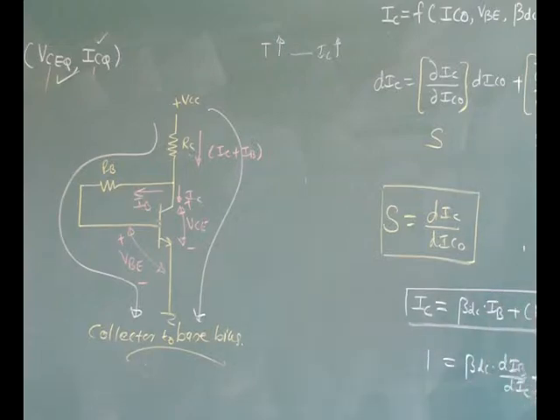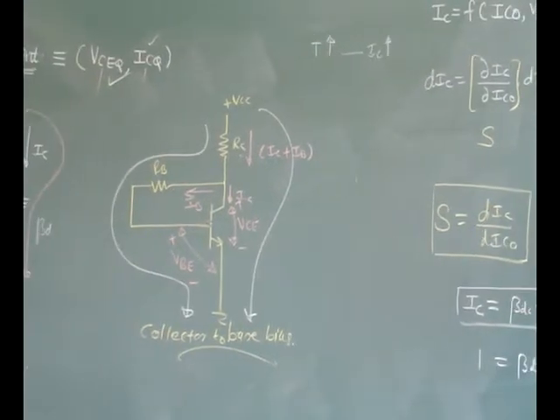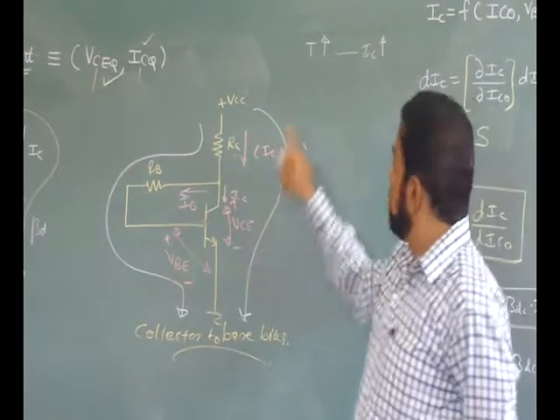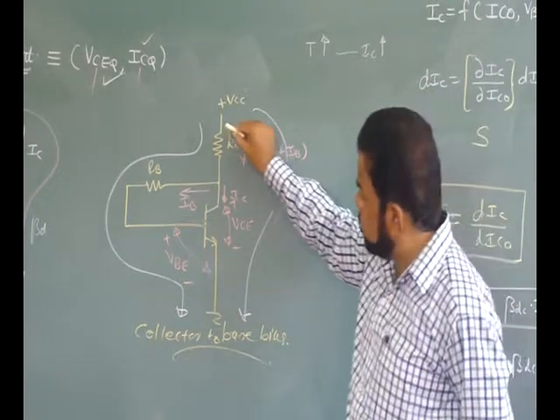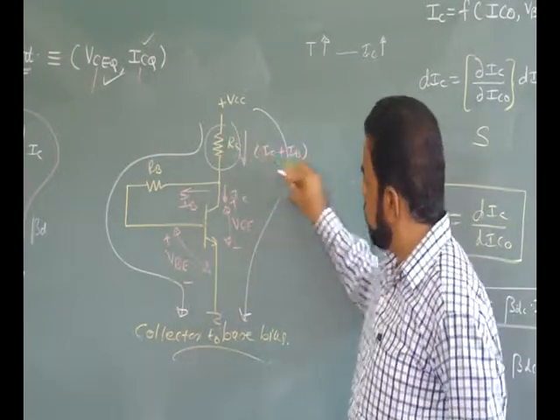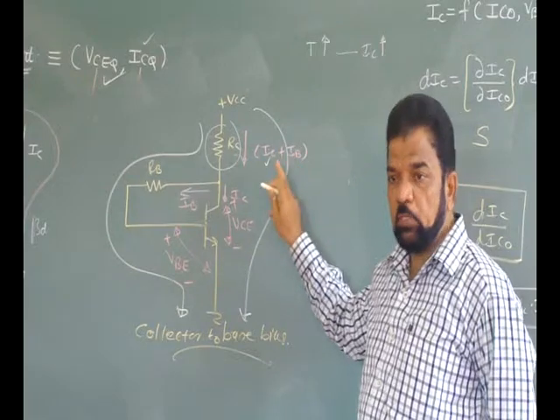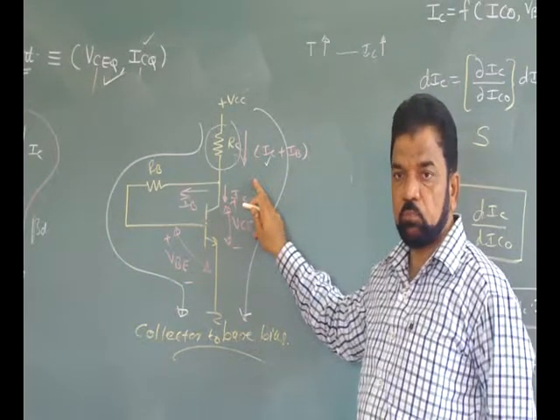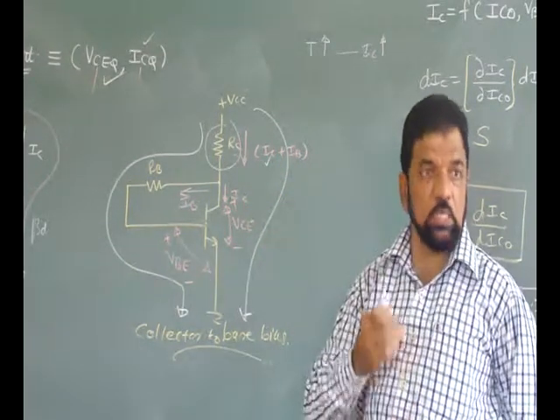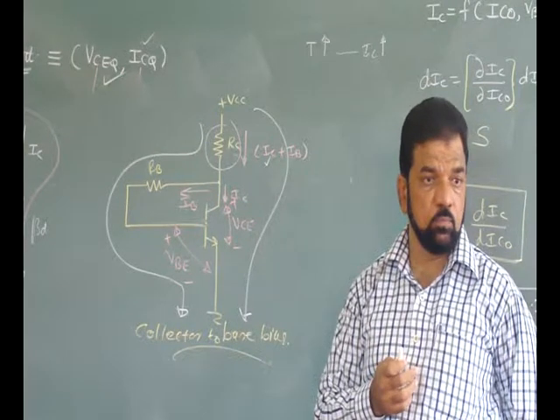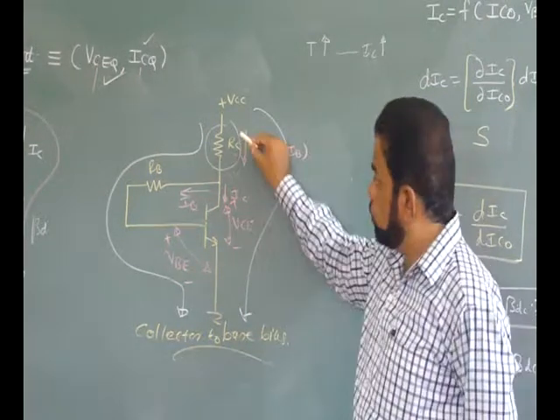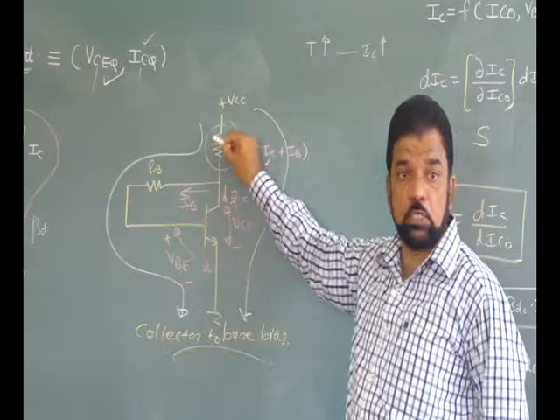Because of that cumulative process, IC increases. But now for this particular circuitry, if IC increases, what happens to this drop? Because major portion is IC. IB is much less as compared to the IC. If your IC is increasing with respect to temperature, this drop also increases.